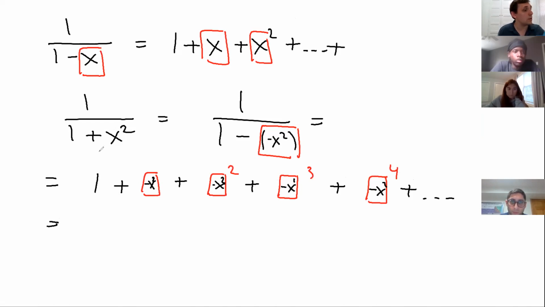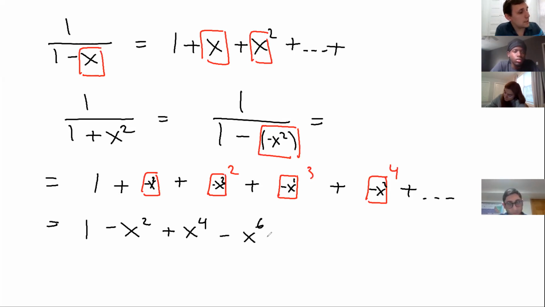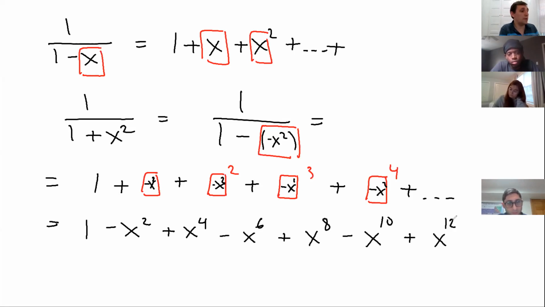So the result is that 1 over 1 plus x squared is the same as 1 minus x squared, plus x to the power of 4, minus x to the power of 6, plus x to the power of 8, minus x to the power of 10, plus x to the power of 12, and so on.